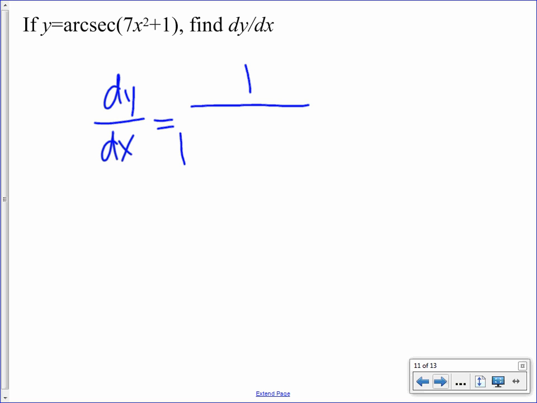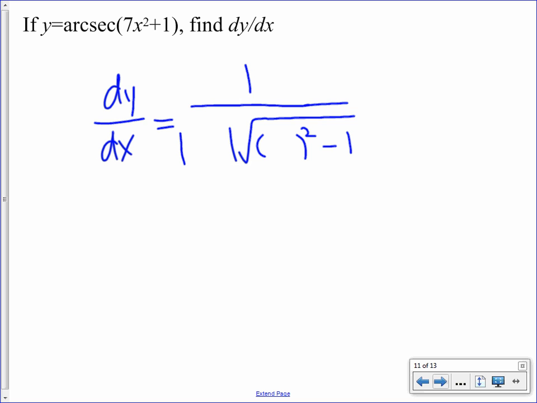Absolute value of whatever times the square root of whatever squared minus 1, right? So I just kind of put the foundation here, and we can just fill in our blanks.